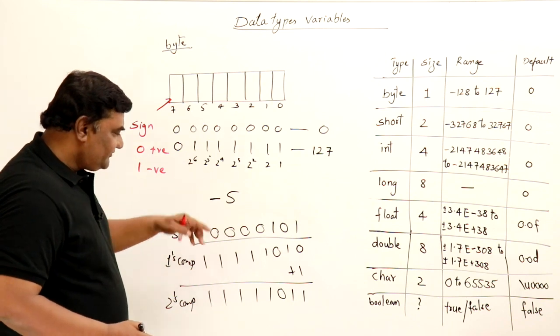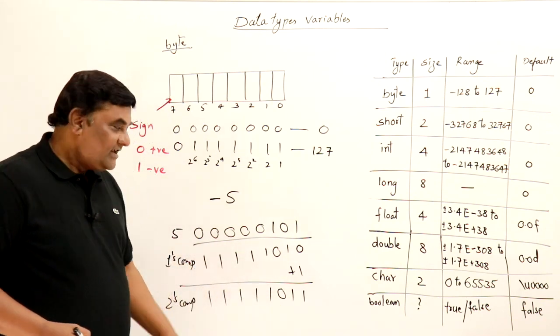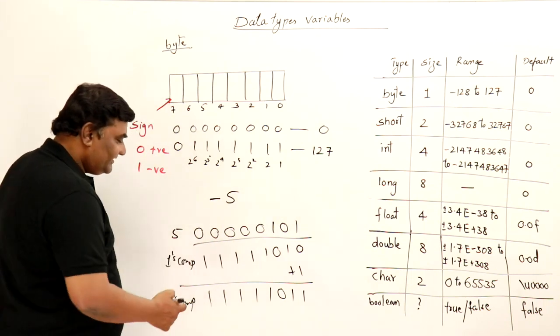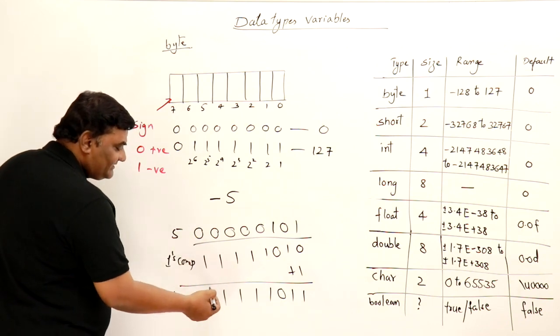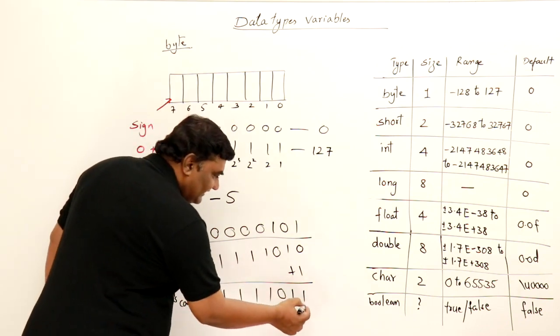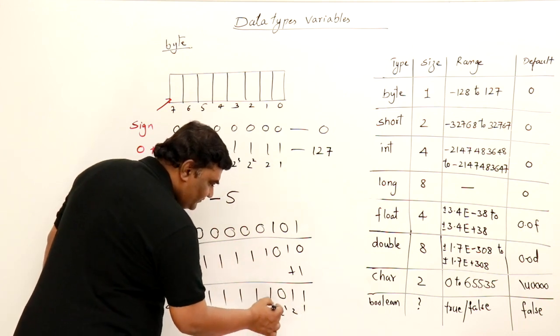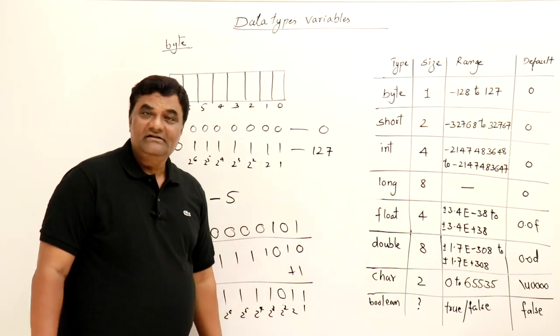So you should know this one. When you want to know the details, you should know how a number looks in 2's complement. See, now this bit is 1, so this is the sign bit. When it is converted into 2's complement, automatically this becomes 1. And this is 2 power 0, that is 1, and this is 2 squared, this is 2 cube. These are all 7 bits, right?